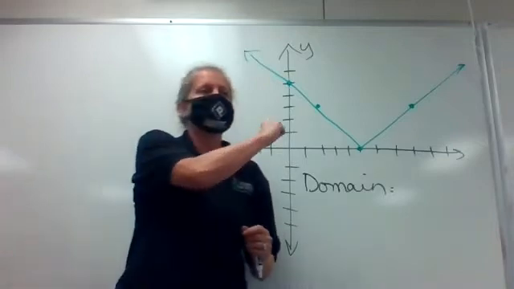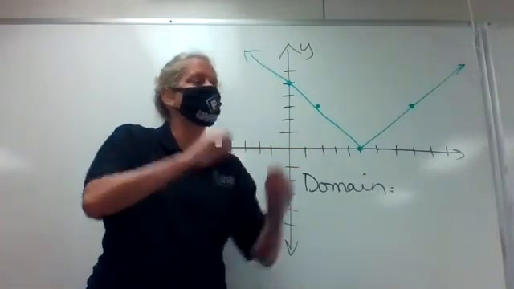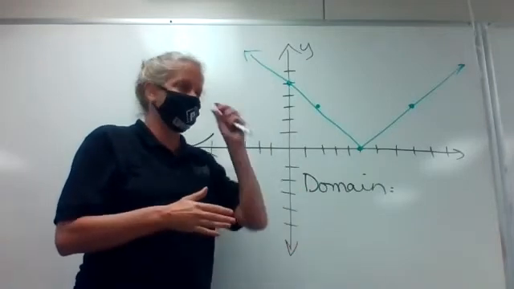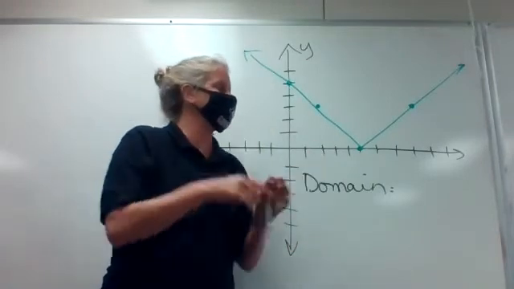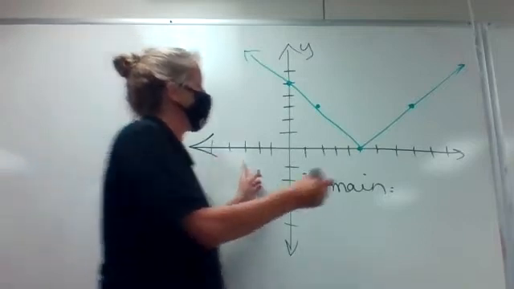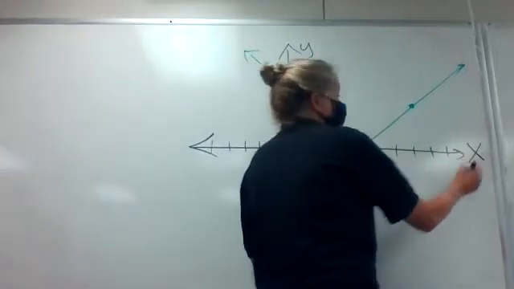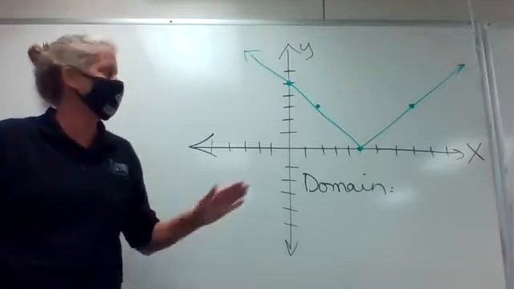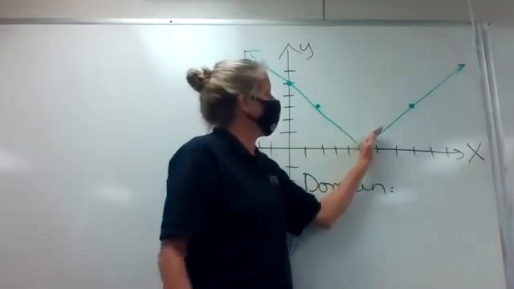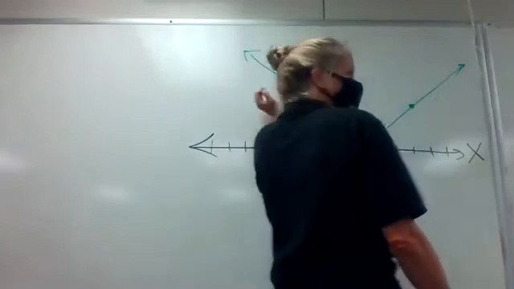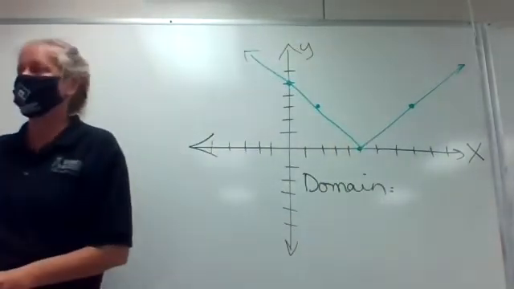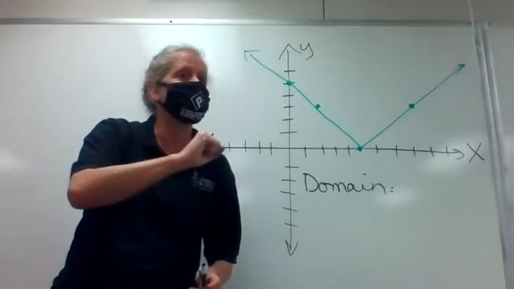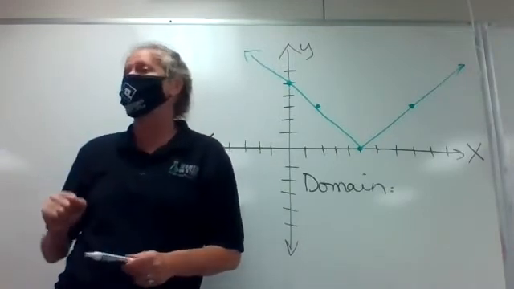We don't have separated points this time, so I'm not just going through looking for ordered pairs. I have a continuous graph. So when you have a continuous graph like that, and you're talking about your domain, your x values, you're looking at your x-axis and seeing how far left and right does this graph cover? And is there any gaps in it, or does it stop going left or right at any point?